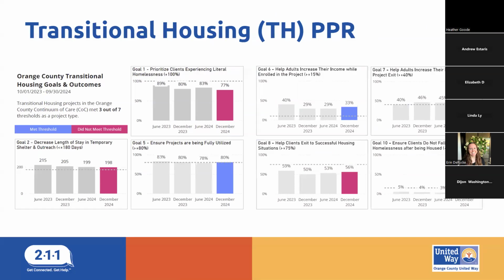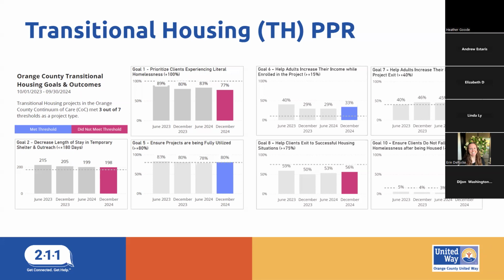And we wanted to open up to our community to discuss adjusting some of our threshold measures. Our COC has been consistently meeting goal 6, help adults increase their income while enrolled in a project. Our current threshold is 15%, and we have been consistently meeting this threshold, as well as goal 10, ensuring clients don't fall back into homelessness after being housed. Our current threshold is 10%.